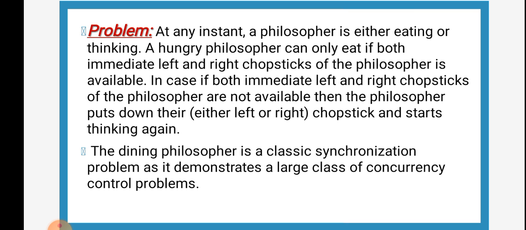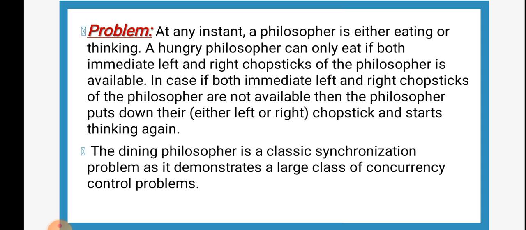Once he completes the eating process, he goes back to the thinking process, clear. The dining philosophers problem is a classical synchronization problem, and it demonstrates a large class of concurrency control problems.